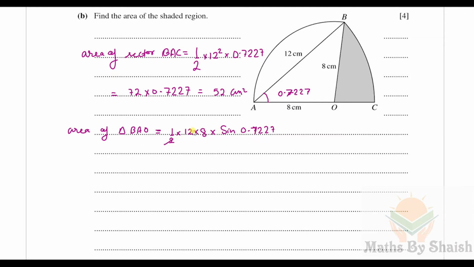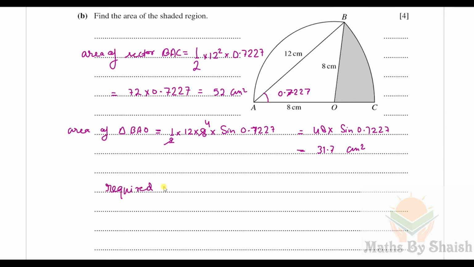Half of 8 is 4, 4 times 12, 4 12s are 48, into sine 0.7227, and from the calculator we can calculate this value. This is going to be 31.74, so 31.7 centimeters squared.